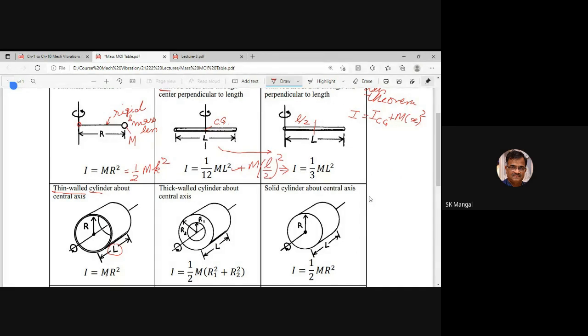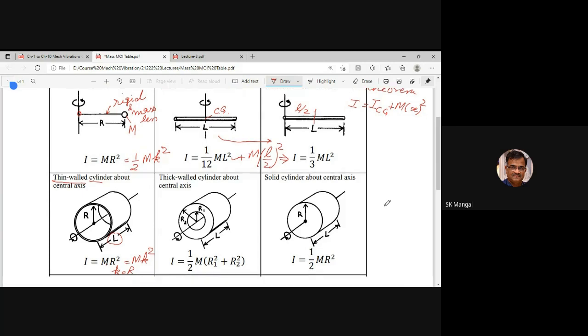It can be seen that it is nothing but m k square, and k will become simply equal to r. As per the gyration value, here the total mass is basically acting at the r value. All right. So this is basically k is equal to r here.